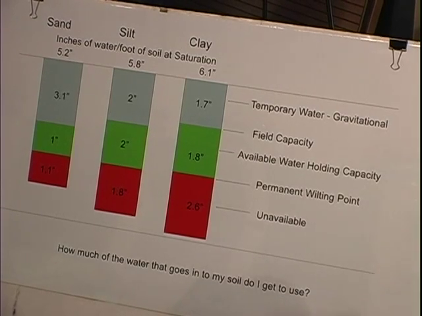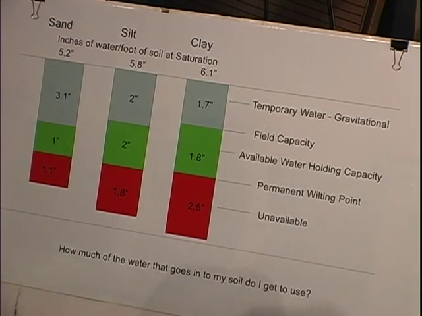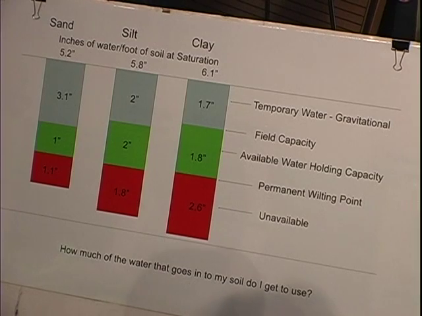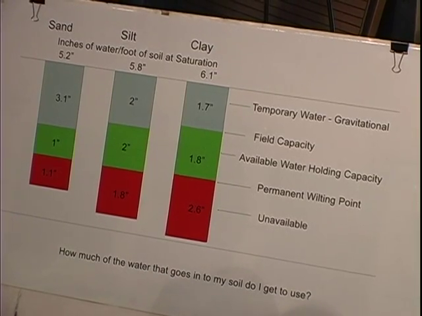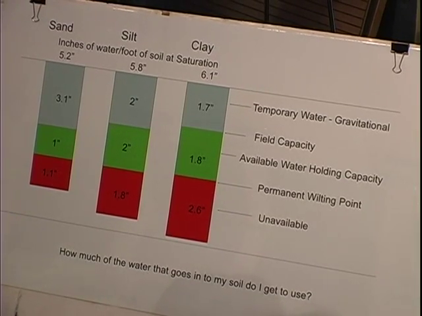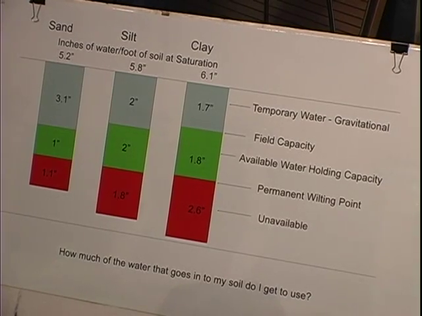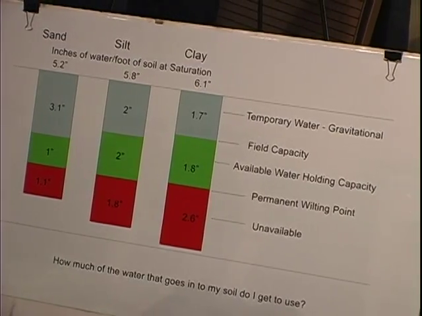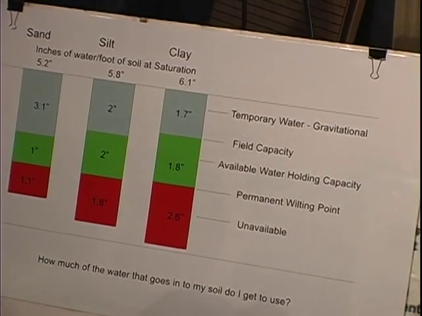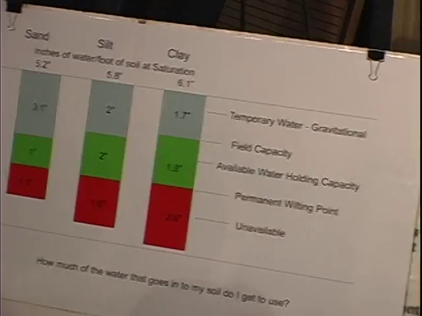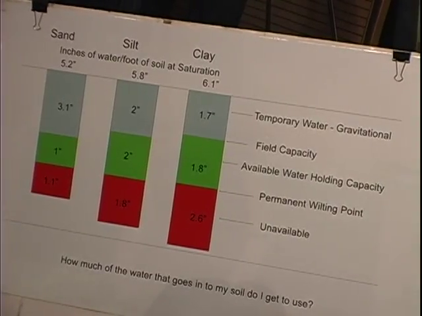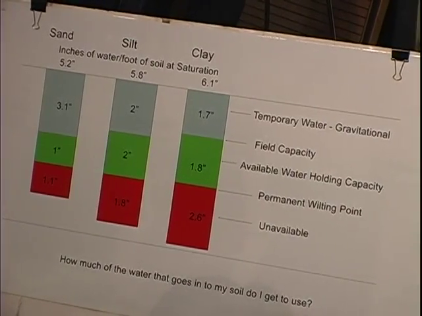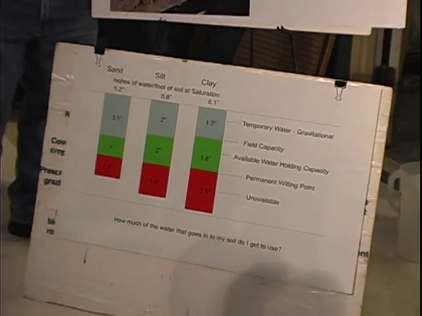Then about an inch of that water in sand, about 1.5 inches in silt, and about 2.5 inches in clay, is still attached to those soil particles. And they're attached strong enough that the plant can't pull it off. So that's unavailable water. That leaves about 1 inch in sand, about 2 inches in silt and clay. That's all you get to use out of that 5 inches.